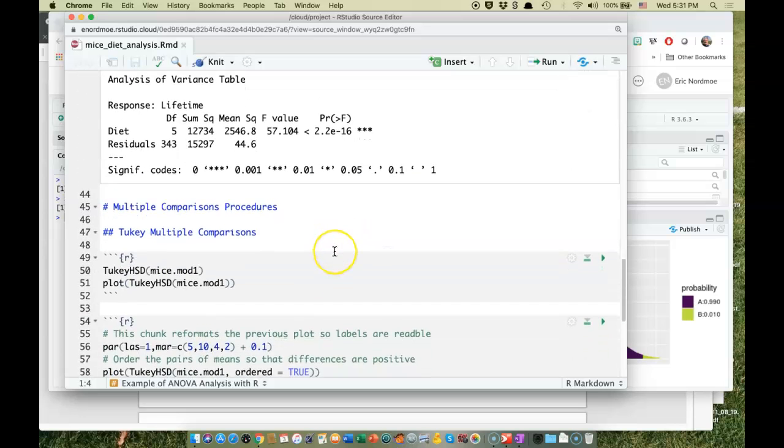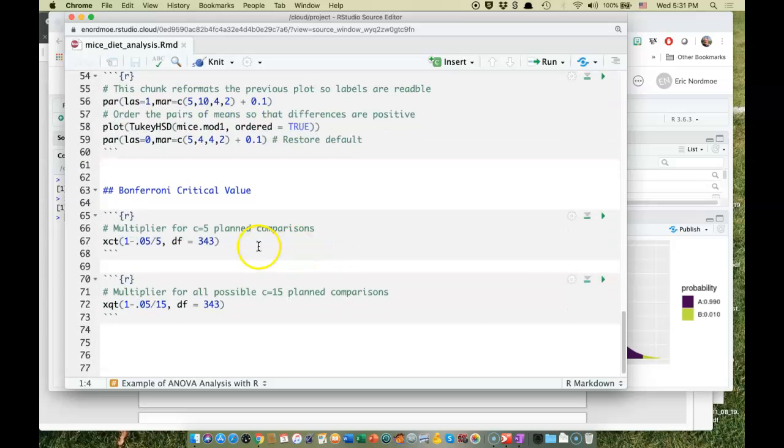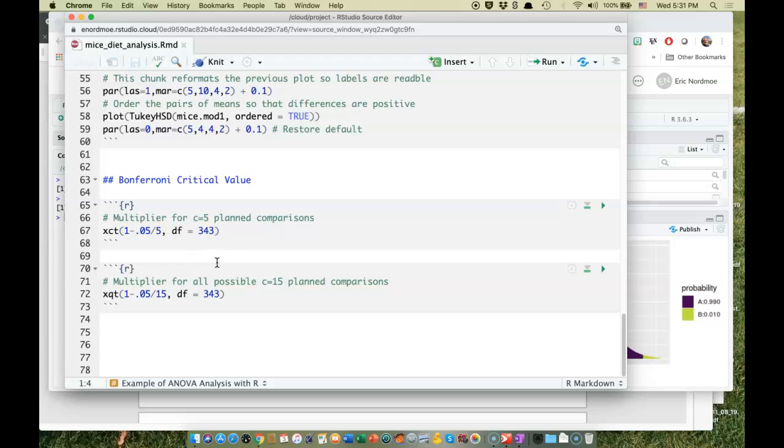Now, Tukey will rely on R a little bit more. Oh, I'm sorry, I actually do have the calculations down here. I knew it was around here somewhere, but you can certainly use that to get the values that you need. Here's a typo, so hopefully that'll be fixed by the time you see this. So that was the middle proportion and then the multiplier if you were doing all 15 comparisons.